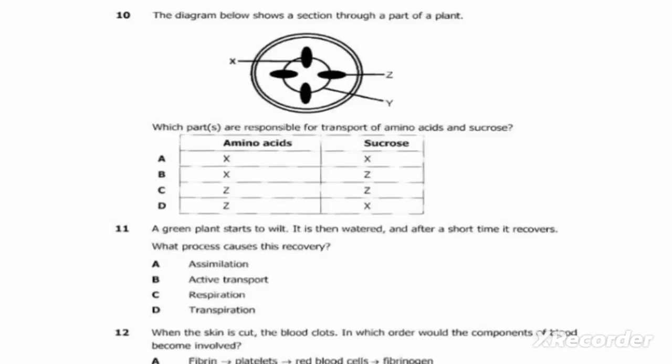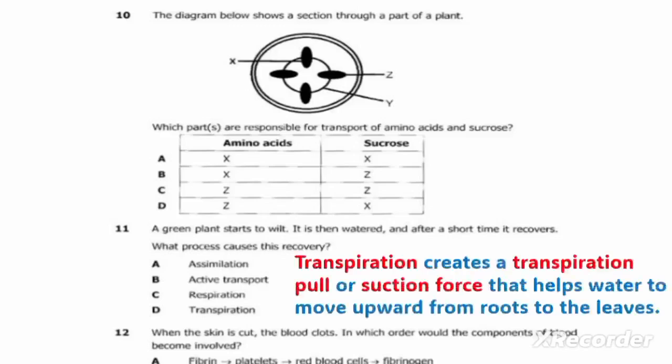Because of the suction force, a vacuum space is created within the xylem vessel. To fill up this vacuum space, water keeps on moving upward. So therefore, our correct answer is D. Transpiration creates a transpiration pull that helps water to move to the leaves.